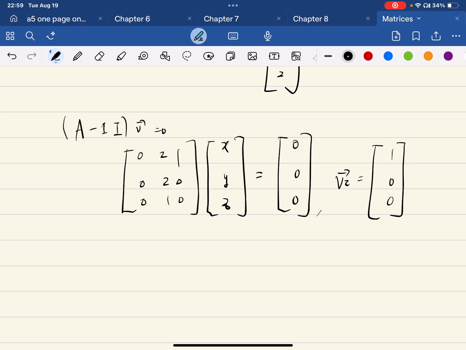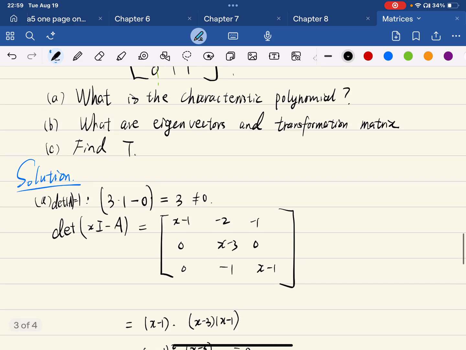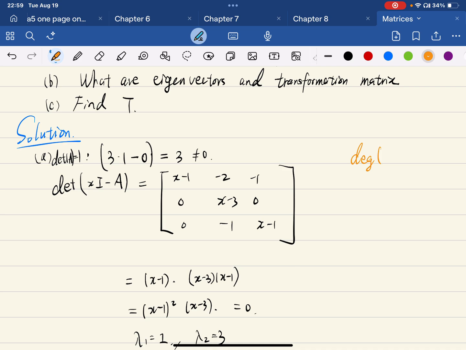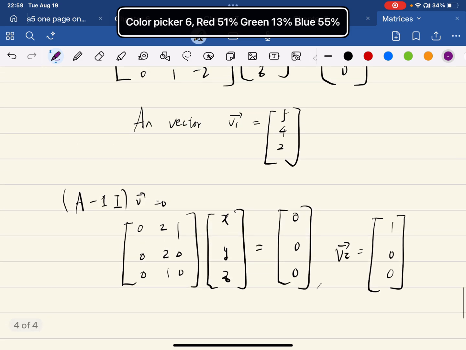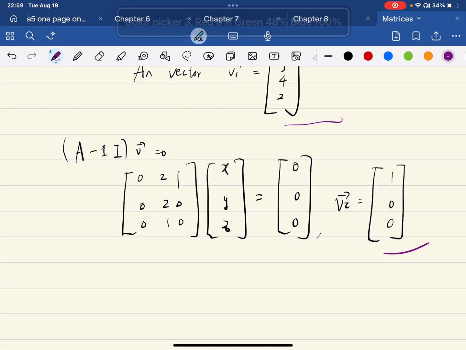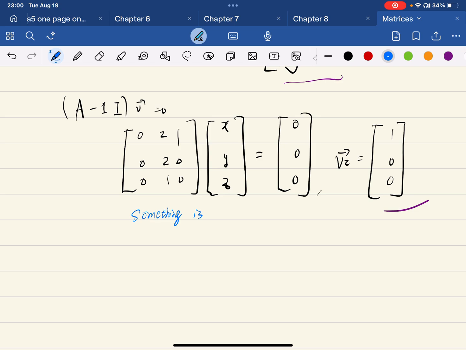Great. What do you notice? That the degree of the space is 3, but we only find 2 independent eigenvectors, which means something is missing.